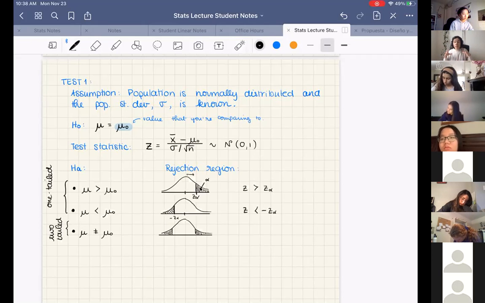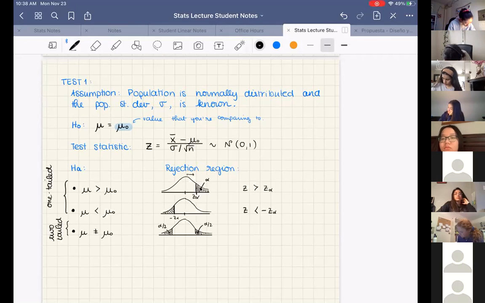But I still want the probability of being in the rejection region if H naught is true to be equal to alpha, which means that I'll have to split that alpha in two, right? So I'll have alpha over 2 at the top, alpha over 2 at the bottom. So each one of these is going to be alpha over 2.